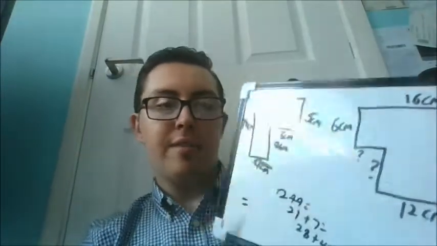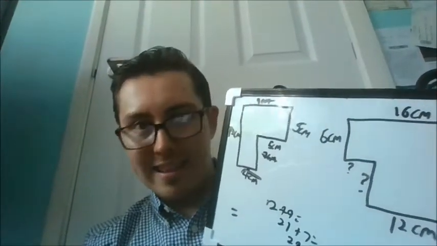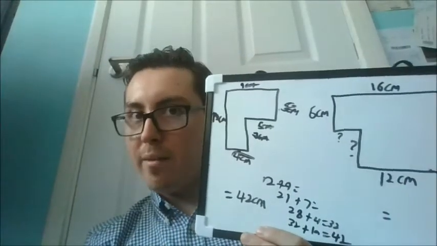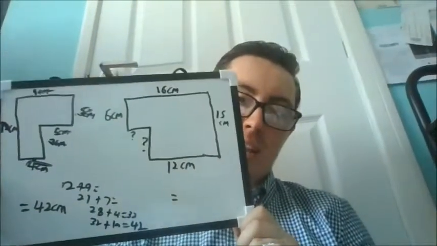And we have 2 5s left. If we add them up together, we get 10. So 32 add 10 is 42. So the answer, the perimeter of this shape, is 42 centimetres. Hopefully you got that one. That's very impressive if you did. Good job.